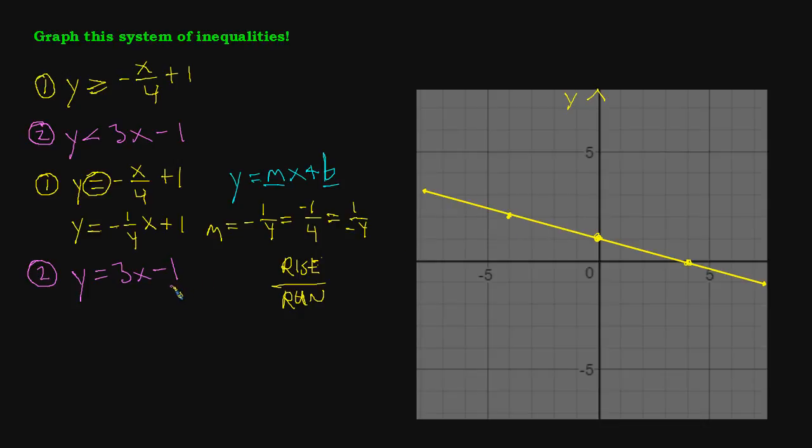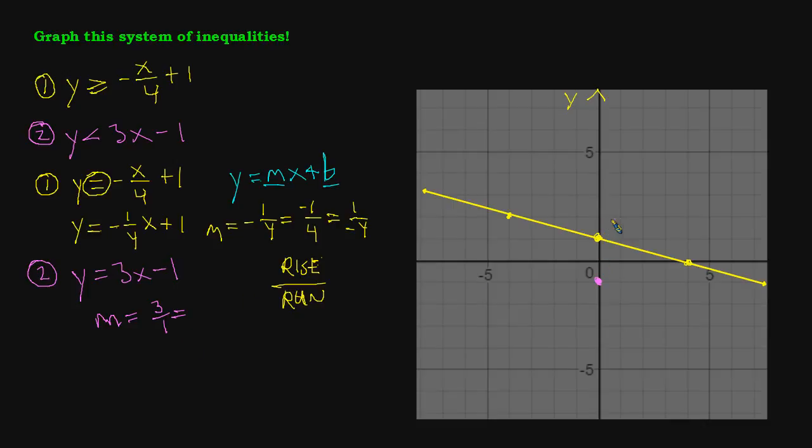So what we'll do is look at the y-intercept, -1. That takes us to the y-axis, and we'll go to -1 on the y-axis and put a dot where the y-intercept is. And then the slope is 3, but what's the rise and the run? Well, 3 is the same as 3 over 1, so we can rise 3 and run 1. And just as a little tip, in this case it doesn't matter.